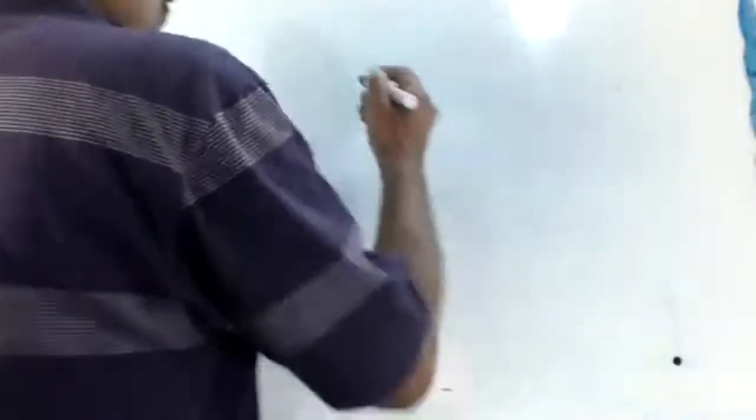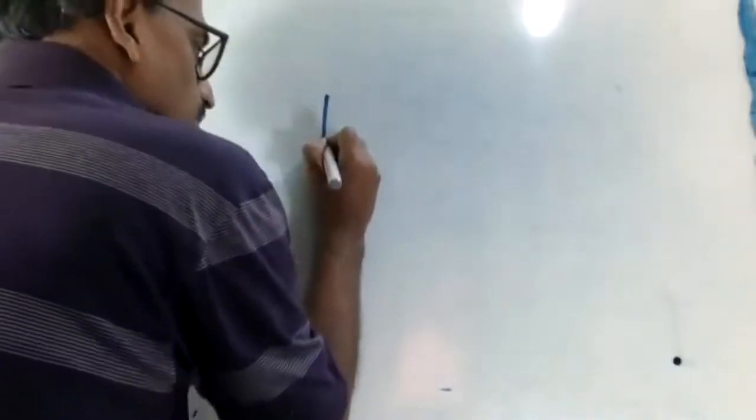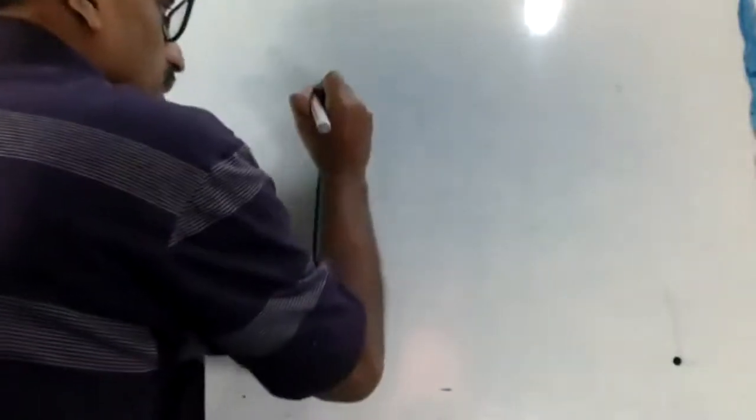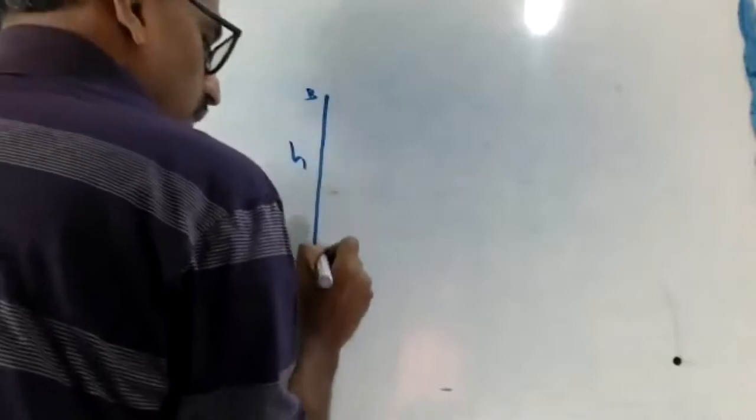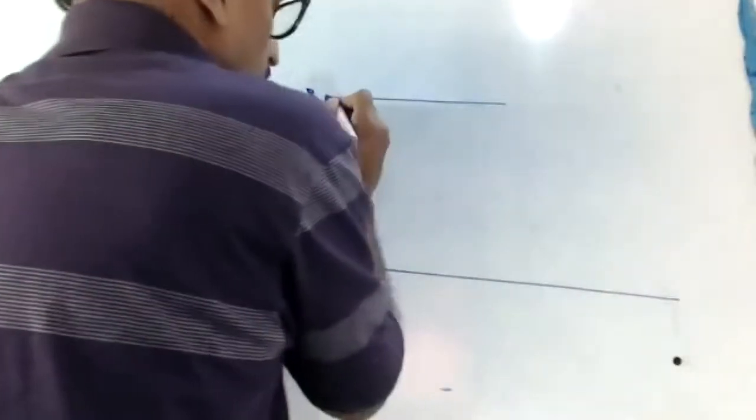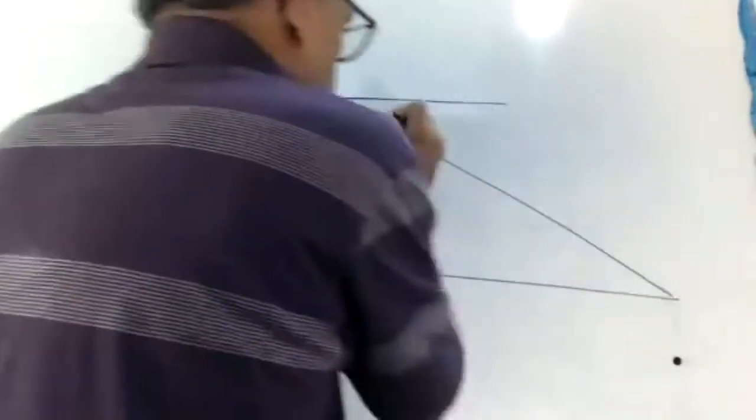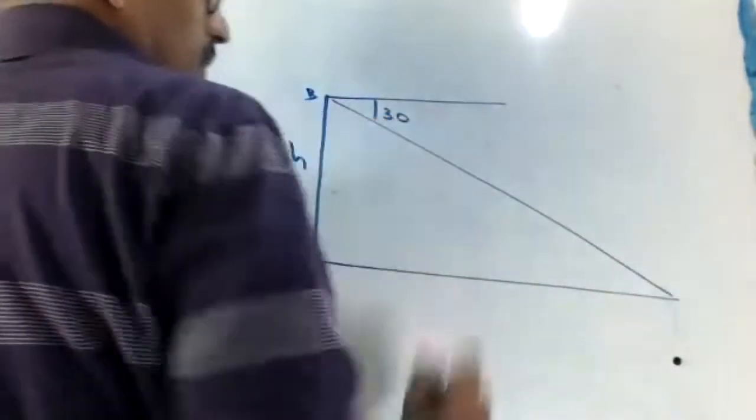Okay, now look here. The plan, first of all, listen, don't write anything. I'll explain the plan. Here, this is AB, the tower, of height h. The first point, Abu Alifa, at an angle of depression is 30 degrees.